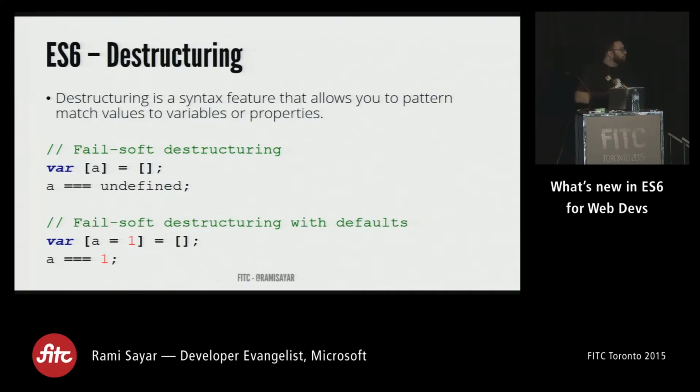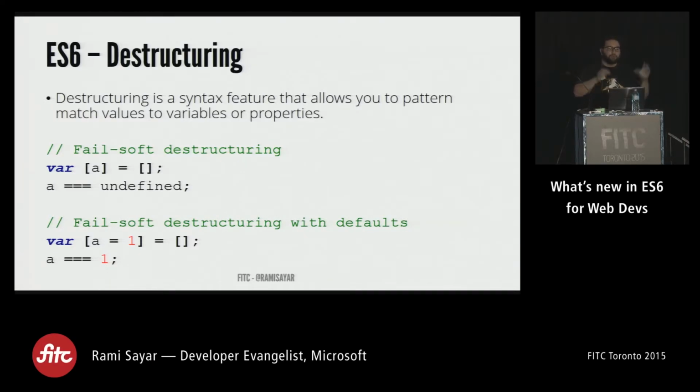But what's also even more cool is that you can set defaults too. So you can say A is equal to 1, and I can use that as the parameter to a function, and whatever I pass, if I don't pass the correct amount of parameters, that's okay, because I've already set the default, and it won't be replaced with undefined.